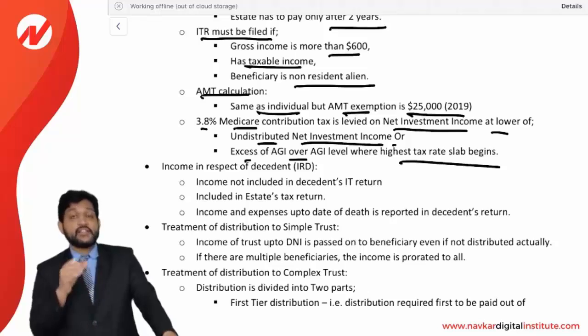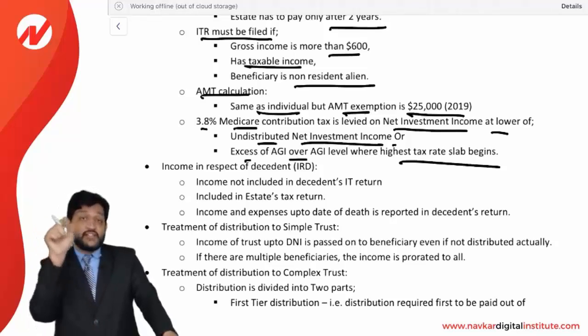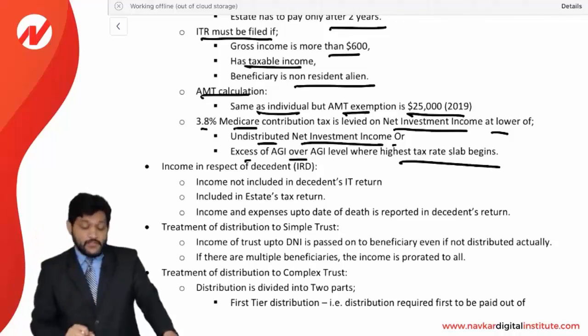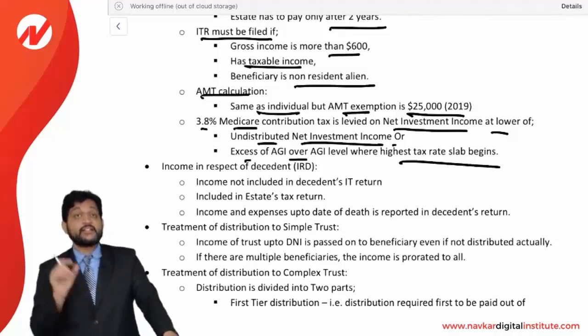So you need to consider the AGI level where the highest tax rate slab begins, and if your AGI is more than that, then the difference will be considered. You need to take the lower of these two: one is undistributed investment income and the second is the AGI above that level, whichever is lower. On that the tax is levied at 3.8%.